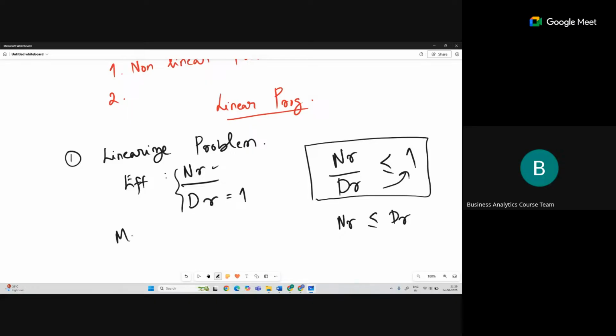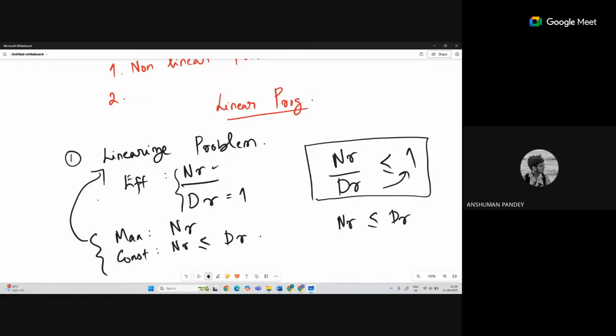We only maximize the numerator, and we set a constraint saying that numerator should be less than or equal to denominator. So through this, we are actually linearizing the problem. Is it fine? Any questions so far?